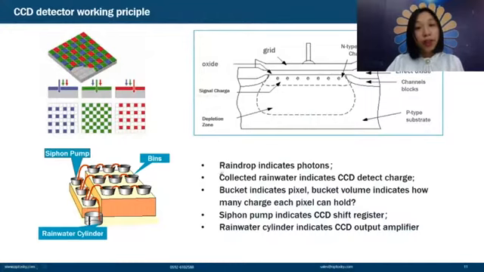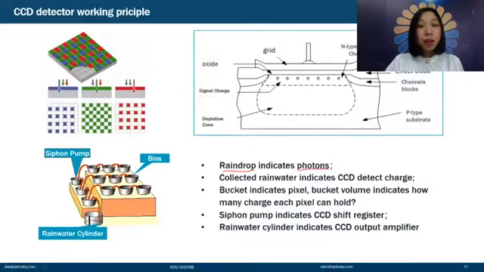We mentioned that raindrops indicate the photons. Raindropping is like a photon shooting on the light. And when we use the rainwater indicator, the CCD, to detect the electric charge, this is a pixel. A pixel can store the electric charge.